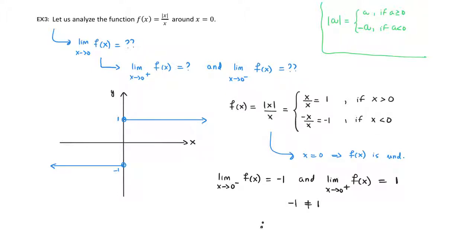So therefore, the limit at 0 of f of x cannot possibly exist, does not exist. So even though the one-sided limits exist by themselves, they are not equal to each other. The double-sided limit, in other words, the limit at 0, cannot possibly exist.